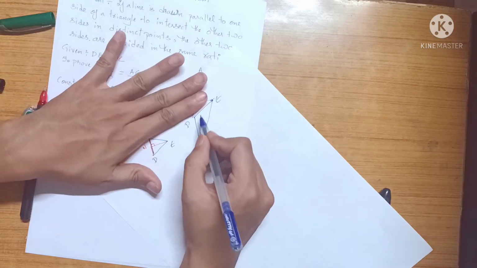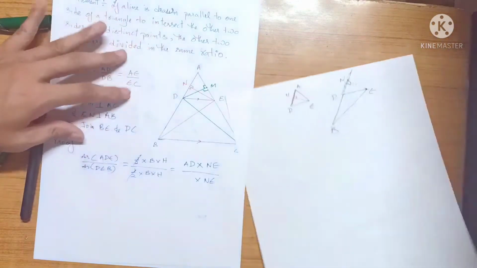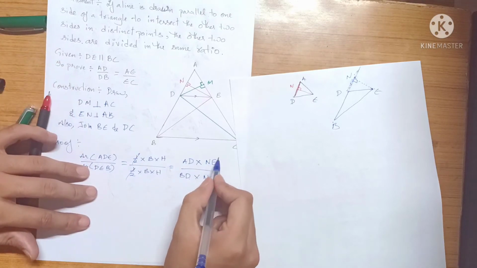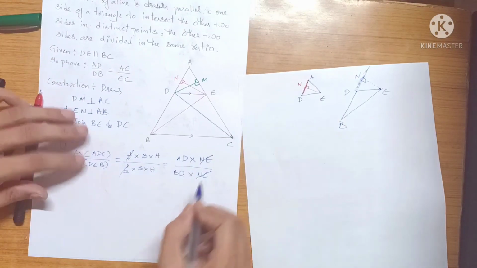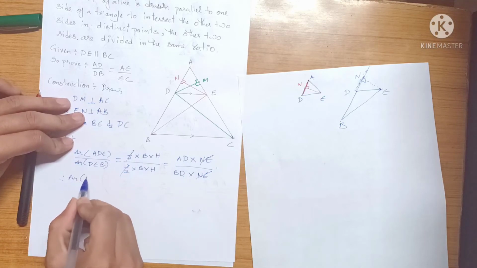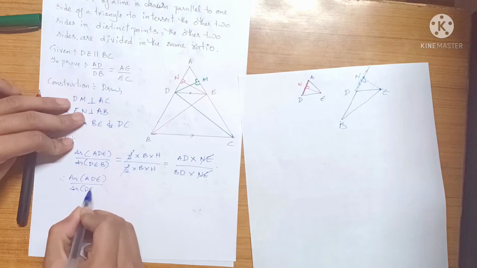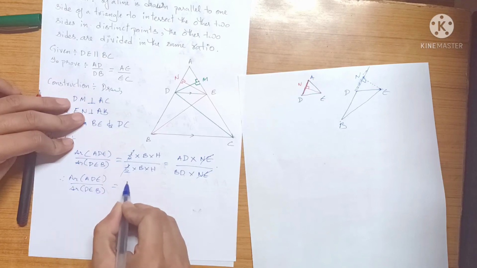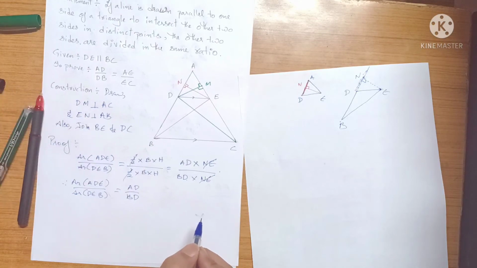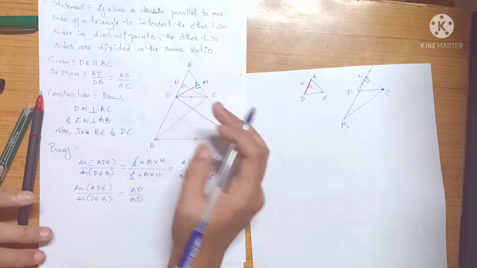The original triangle's base is BD. NE we can cut, so therefore area of ADE by area of DEB equal to AD by BD. So first we took this triangle and this triangle.